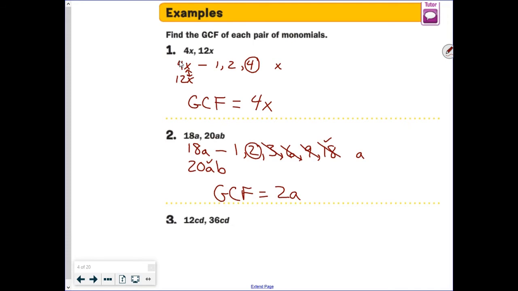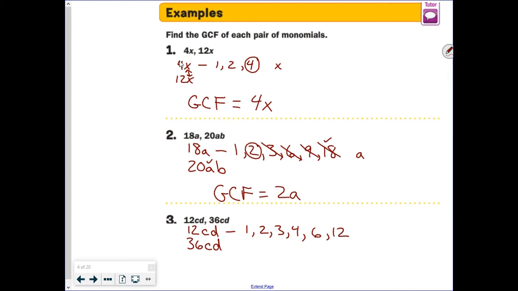Let's look at one more problem here. We have 12cd and 36cd. If I list out the factors of 12cd, I'm going to find 1, 2, 3, 4, 6, and 12 divide equally into 12.